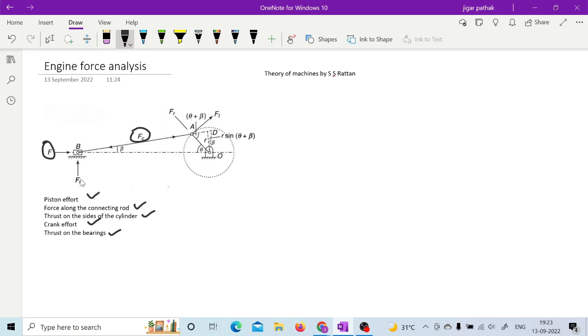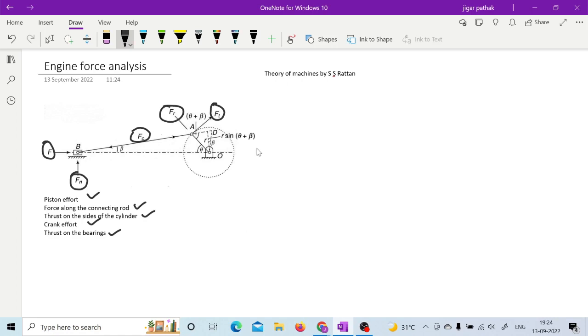Then thrust on the sides of the cylinder is mentioned by Fn. Then crank effort is given by Ft, right? And the thrust on the bearing is mentioned by Fr, as it is shown over here. So we will see what the different forces acting in this mechanism are, right?